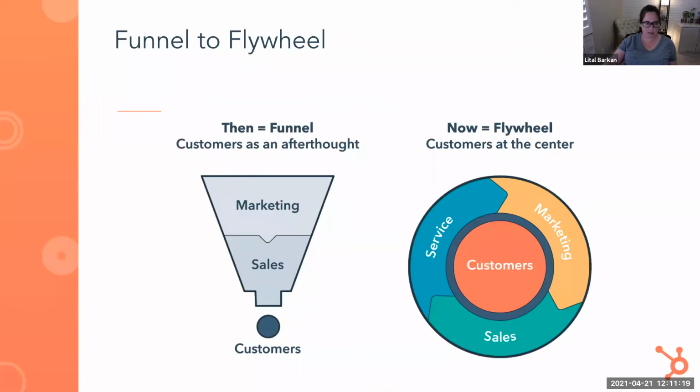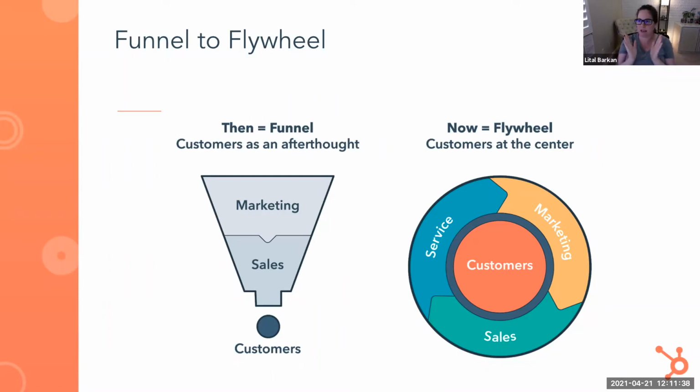So these days, if we look at the funnel as we've always thought about it, we understand that the funnel is less efficient. My father actually is a physicist, so my whole life I've grown up with the physicist on one side of my head, right?